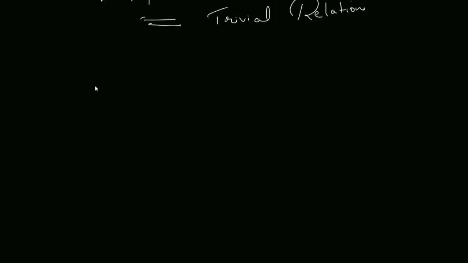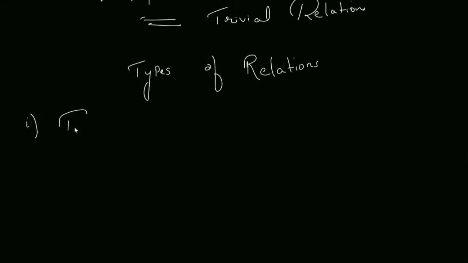Let us now define the types of relation. You learned three definitions. You know what a relation is, what an empty relation is, what universal relation is. Now let us learn types of relations. The first relation is reflexive relation.